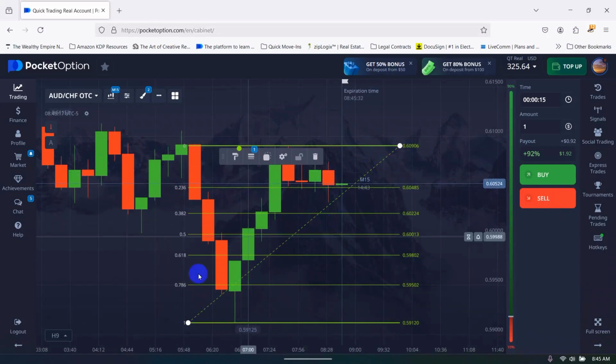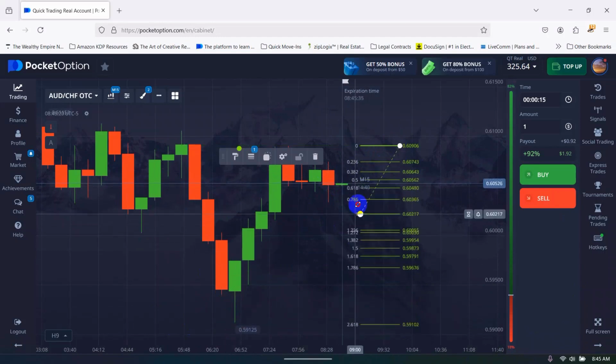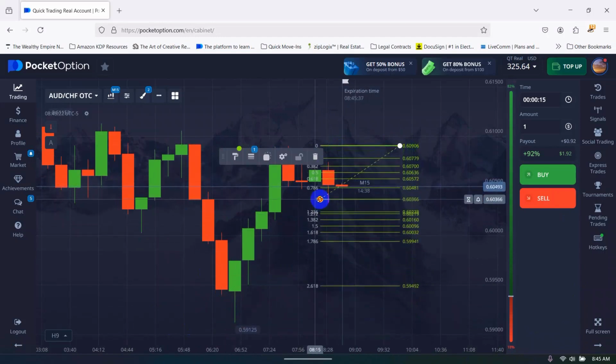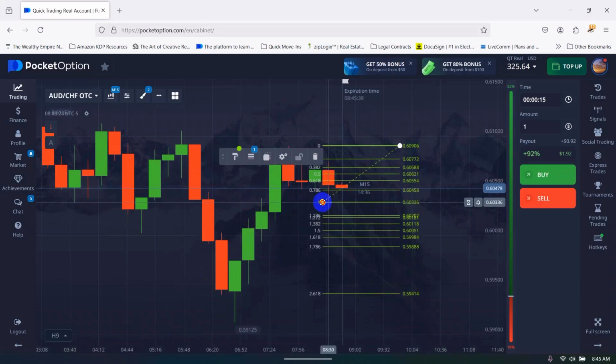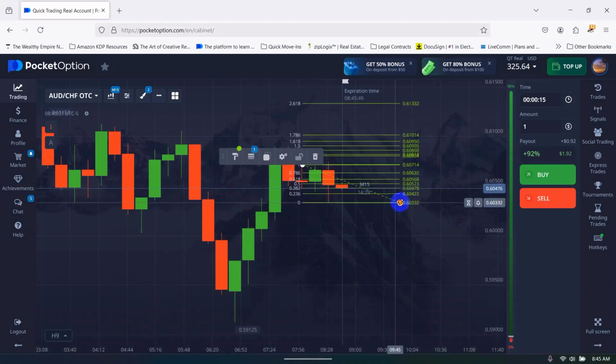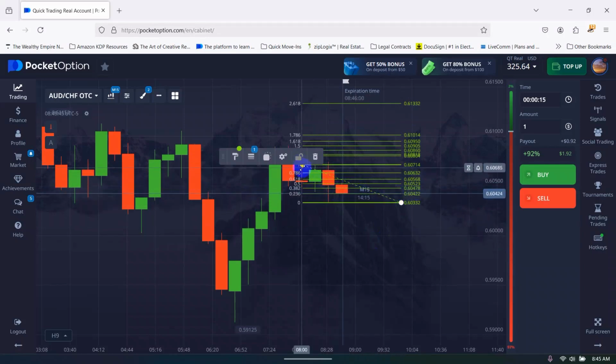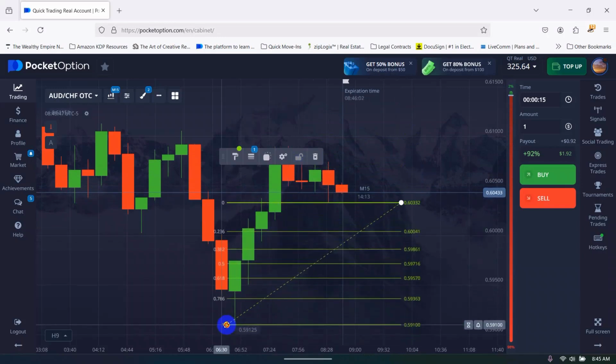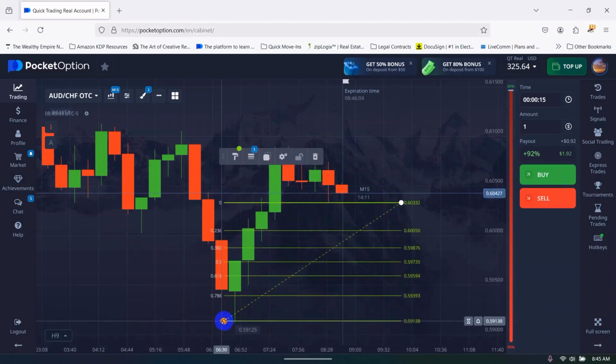So we could take this same Fibonacci tool, and the candle started here at the top and then came down to the bottom. So if this current candle was still trying to come into this candle, then we could rock that one down. But it looks like it's still trying to work off of this level.